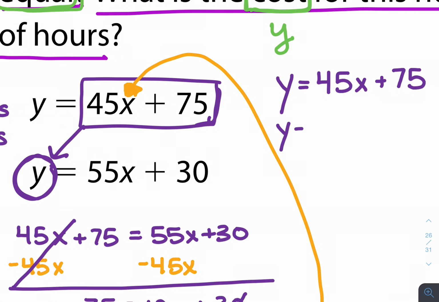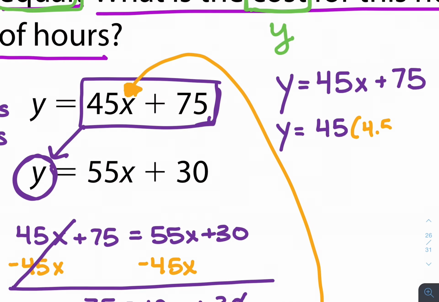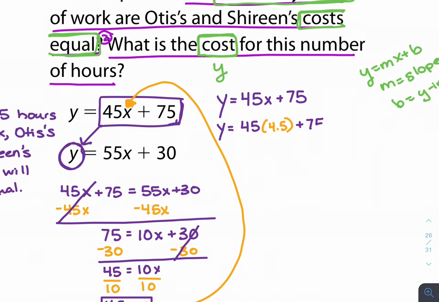So that's going to be y equals 45 times 4.5 plus 75. And 45 times 4.5 is equal to 405 divided by 2, which is, bam, 202.5.